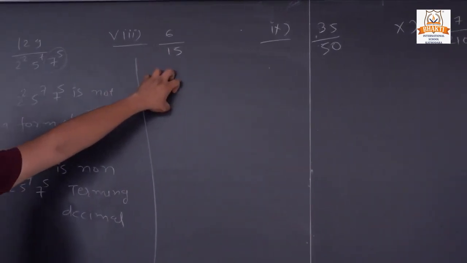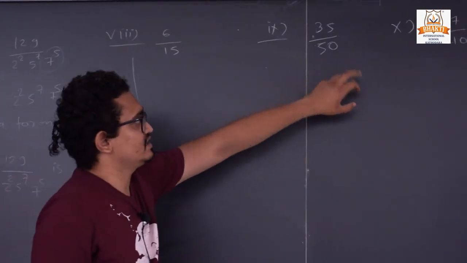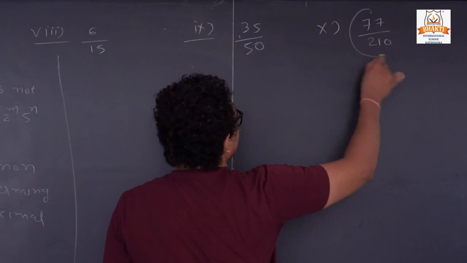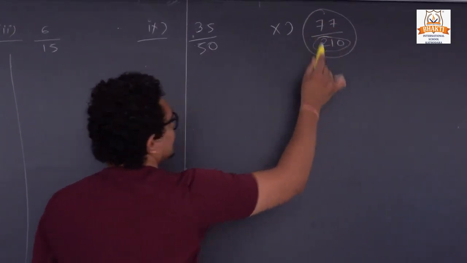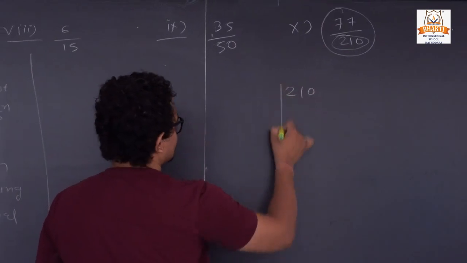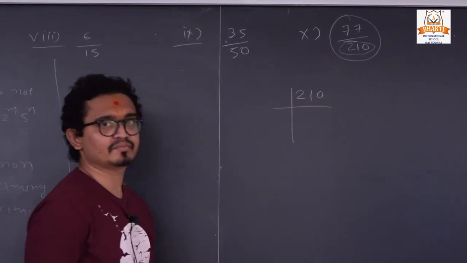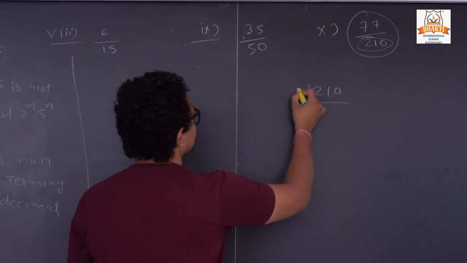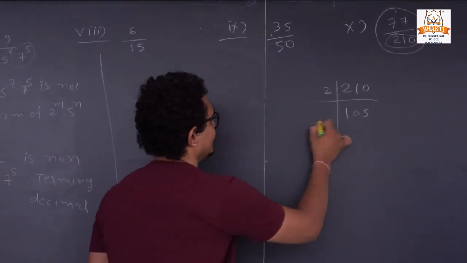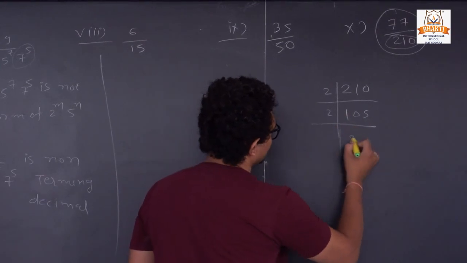So we can directly perform our last example. In the last example you can clearly see that the denominator contains the term 210. So first of all we can find its factor. So we can start with 2. 2 ones are, so it will be 105. Once again it will be 2?